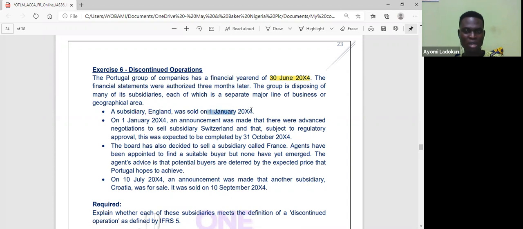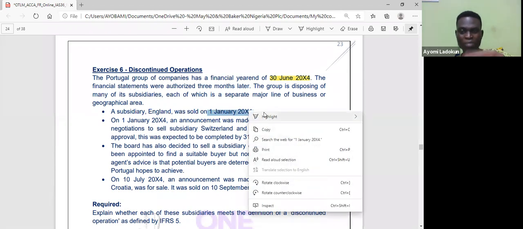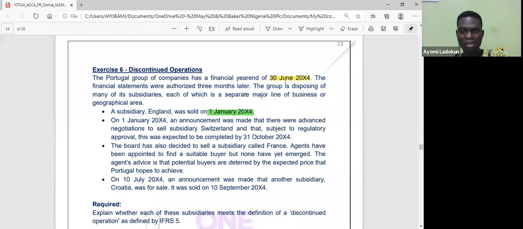So when I'm preparing my account at the end of the year, which is 30th June, will I take it as a discontinued operation? The answer is yes, because a discontinued operation is a component of an entity that has either been disposed of. I have sold subsidiary England during the year, so it will not form part of my continuing operation. So it will be a discontinued operation.